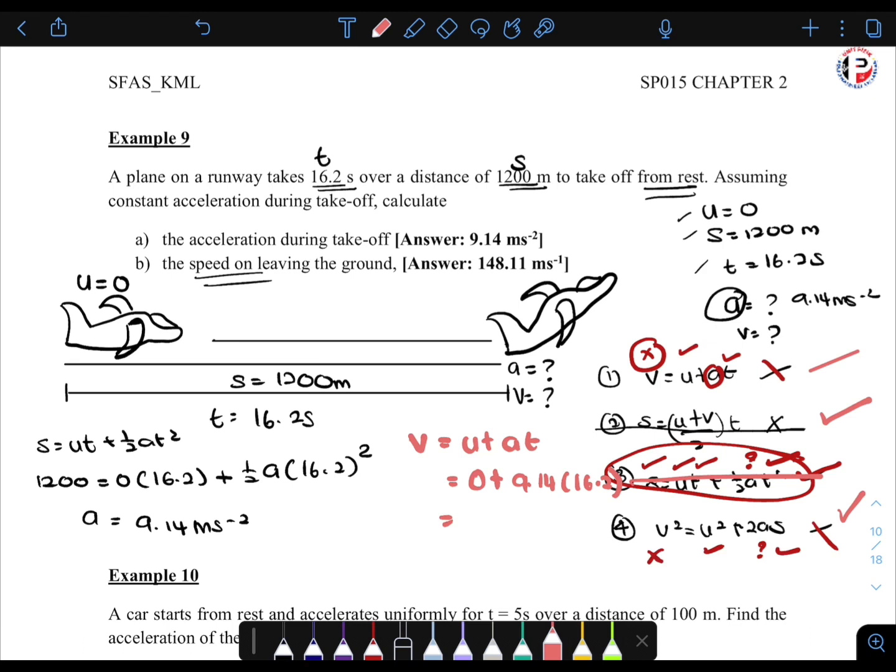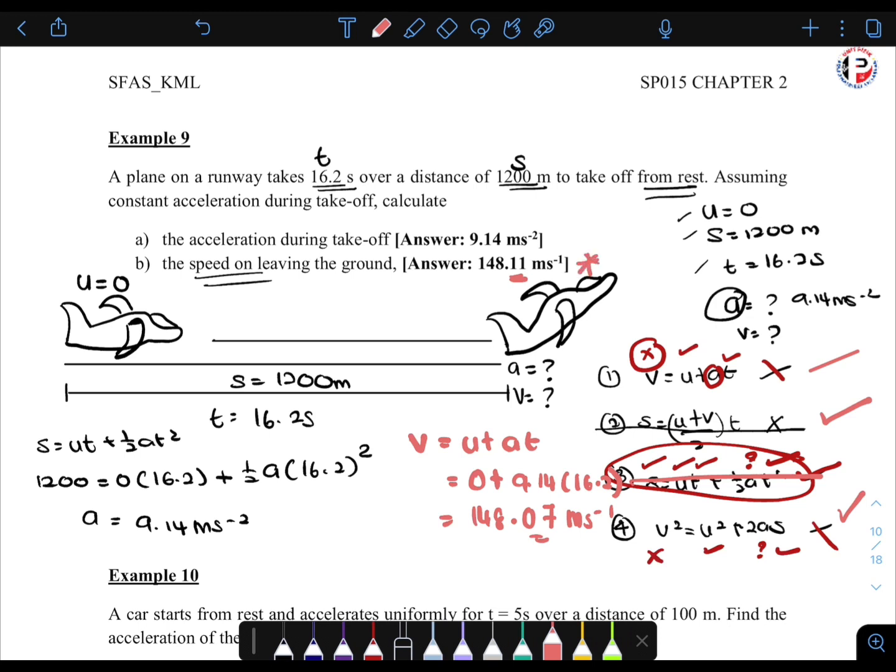Kamu akan dapat 148.07 ms negative 1. Alright, ini adalah jawapan yang kita dapat. It's okay, dia lari by decimal places dekat sini, tak ada masalah.